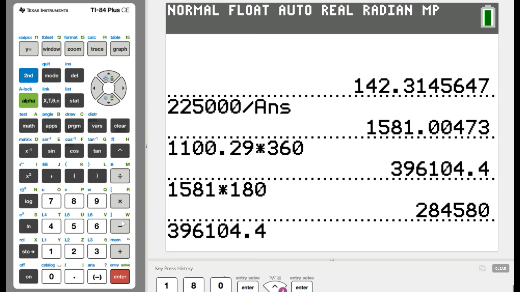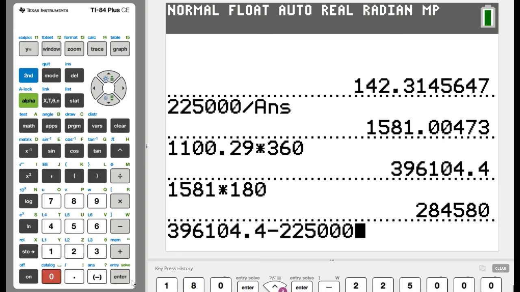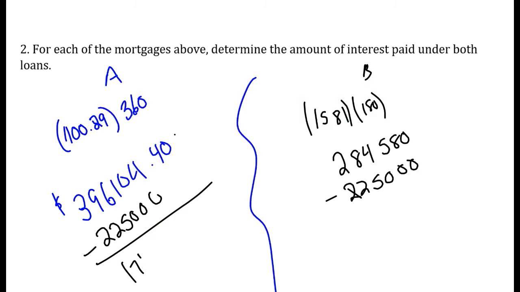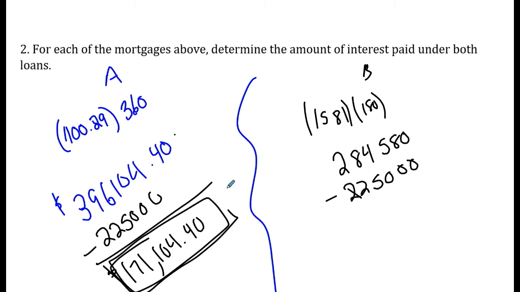So that was the original 30-year total minus $225,000. I'm paying $171,104.40 in interest. That is literally all the money I'm paying in interest there for the first mortgage.